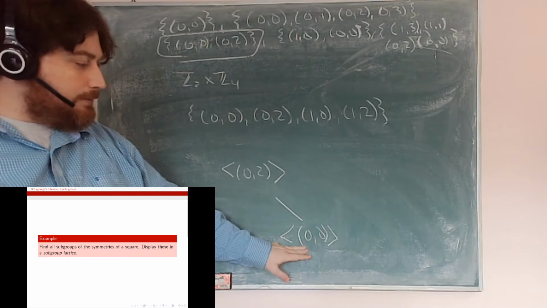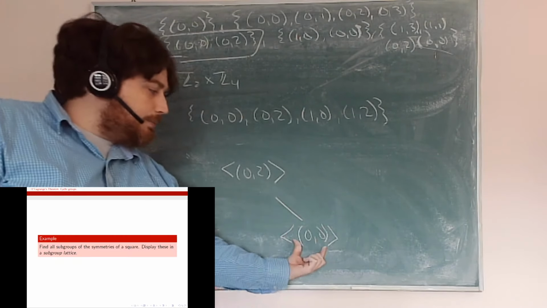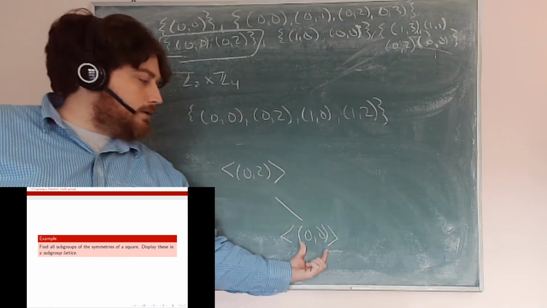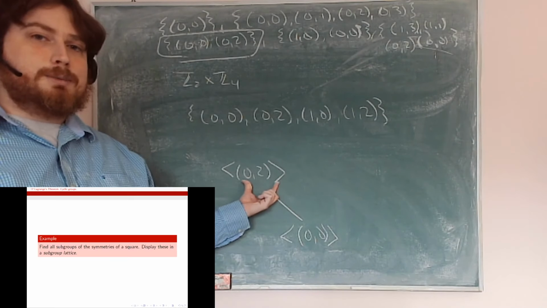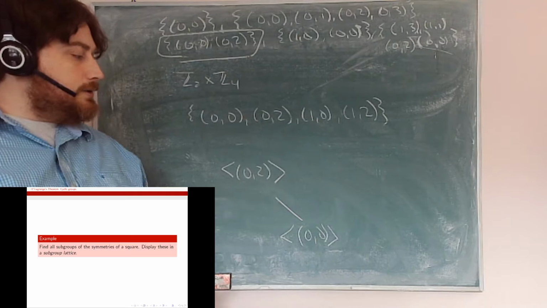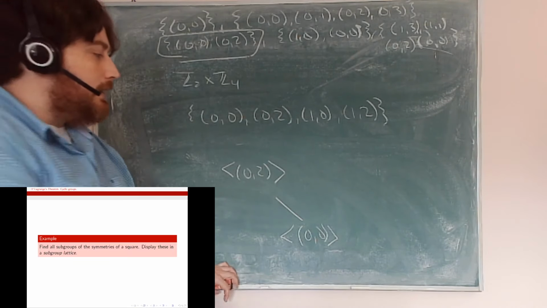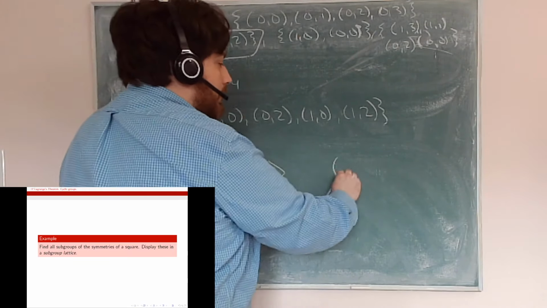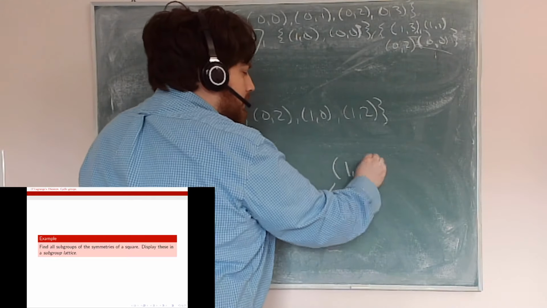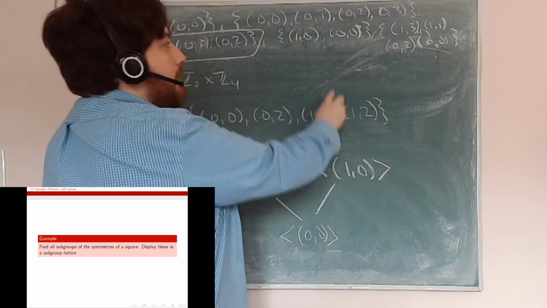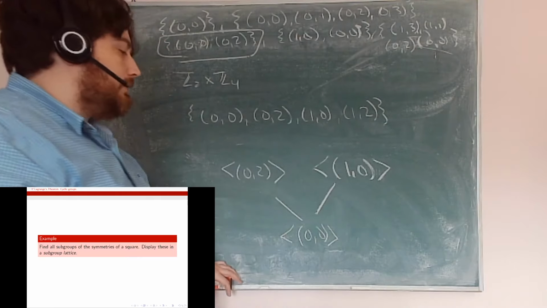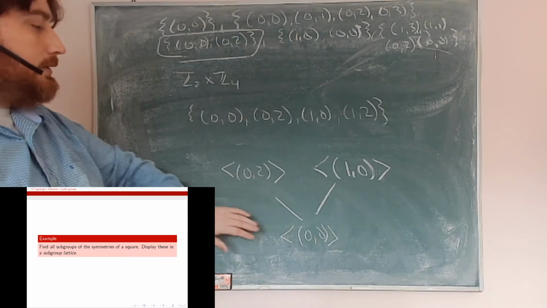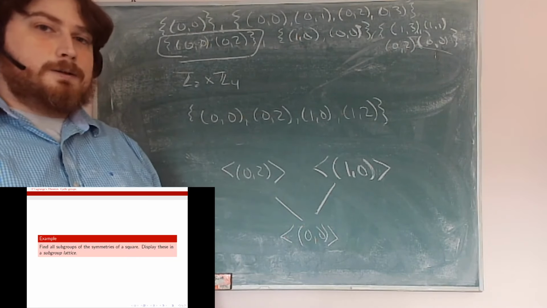So by putting this above, that's saying that this group is a subgroup of this group, because all these elements are contained in these elements, and each of those are groups. In the same way over here, I'm going to put the group generated by (1,0), because it contains the group (0,0). So this is contained in here.